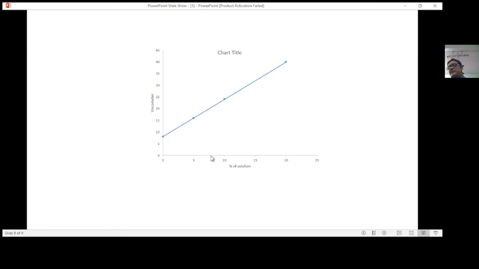You can find it here, maybe 7 to 8%. So if you have an unknown solution, you can get its viscosity, and if you have a viscosity, you can get the percentage of the solution. Both can be done. So this is a very good practical, can be done easily. Mention the time again.